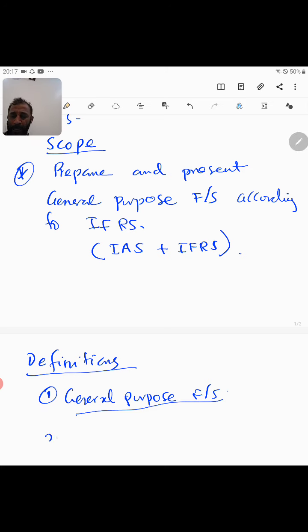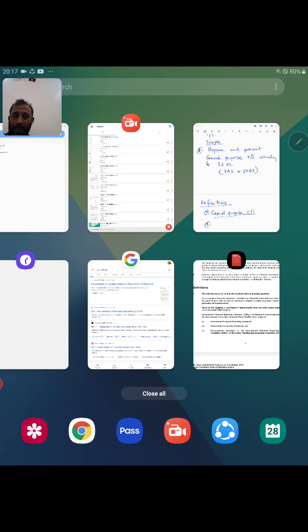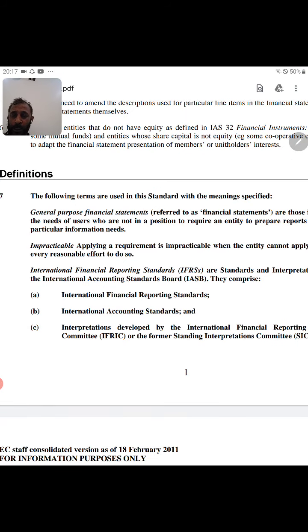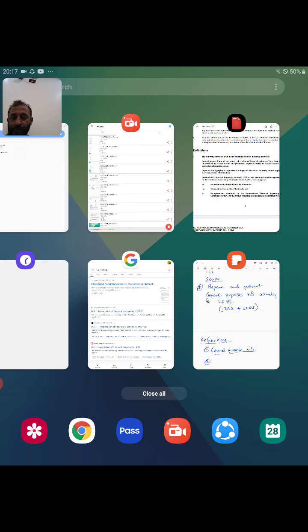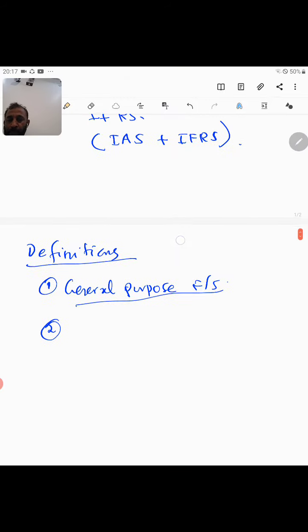The second definition is what is meant by impractical.